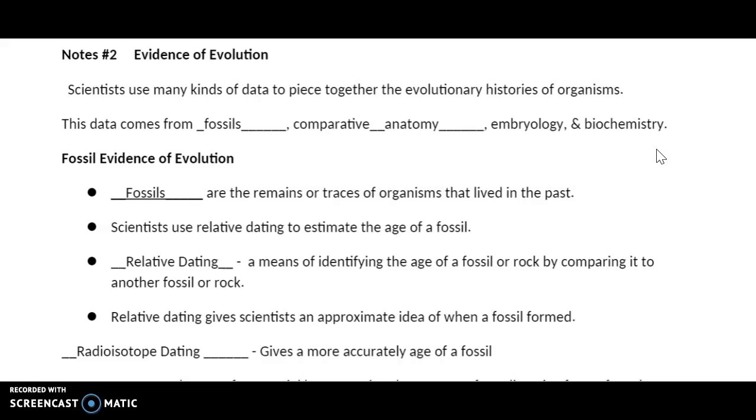Fossil evidence of evolution. Fossils are the remains or the traces of organisms that lived in the past. Scientists use relative dating to estimate the age of fossils, such as carbon-14 radioactive dating, or relative dating based on, they'll look at the way the rocks are stacked and can estimate which rocks came before the other rocks, so which fossils in those rock layers came before.